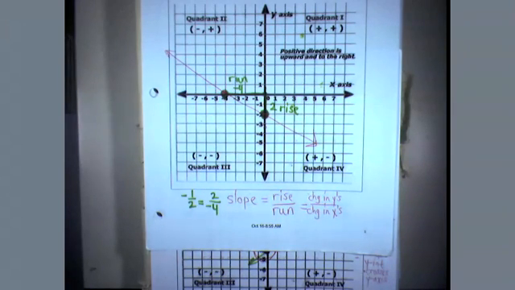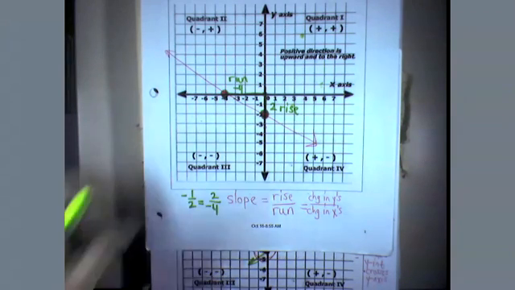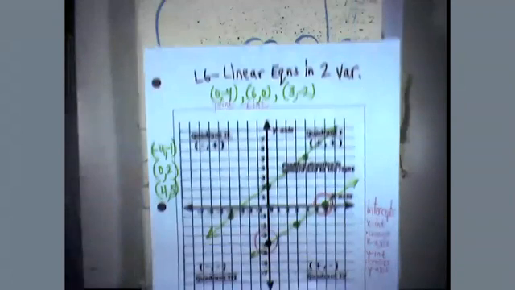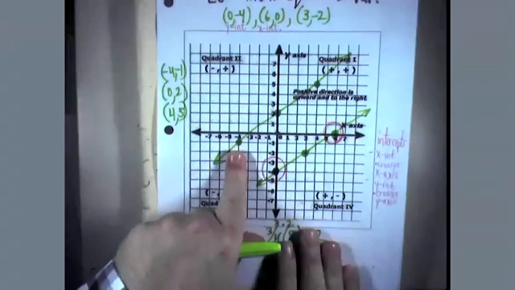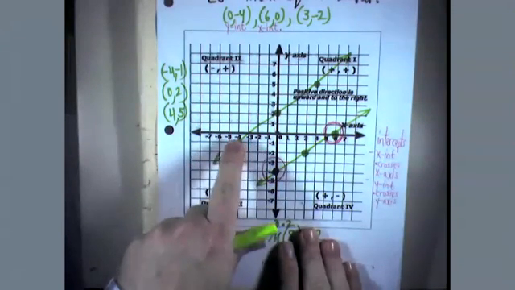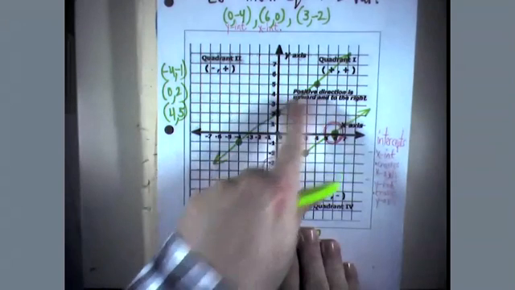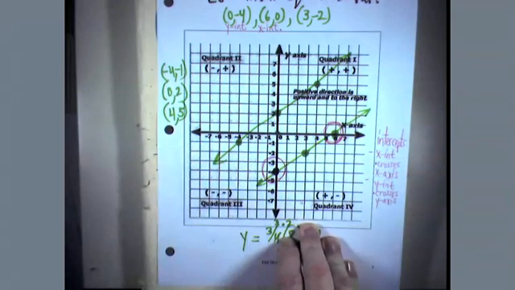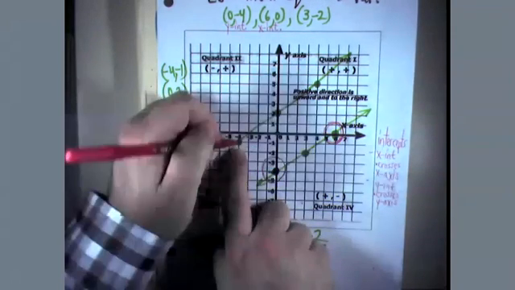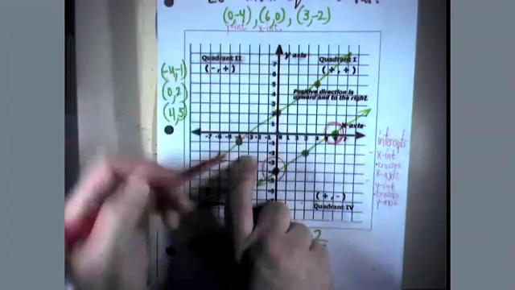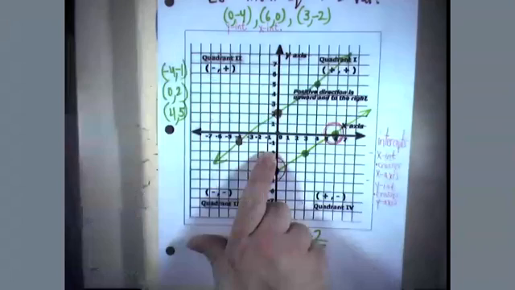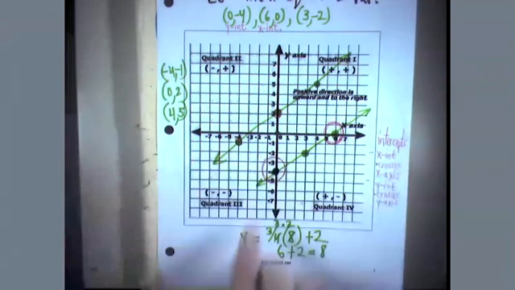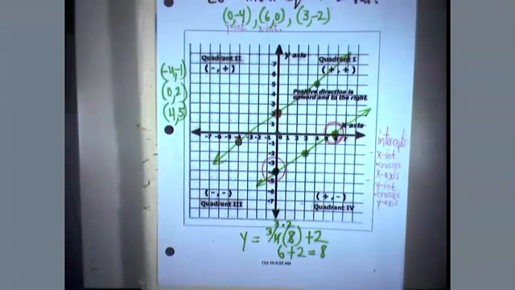Let's look at one of the other lines that we graphed and find its slope. Let's look at this first line that we graphed earlier. It doesn't matter where you start. You can start at any one of the 3 ordered pairs to find your slope. Well, I'm going to start here, and I want to end up here at this middle ordered pair. So that's all you're doing with slope. If you had to find it graphically with a line, you're going from one point to a second point.